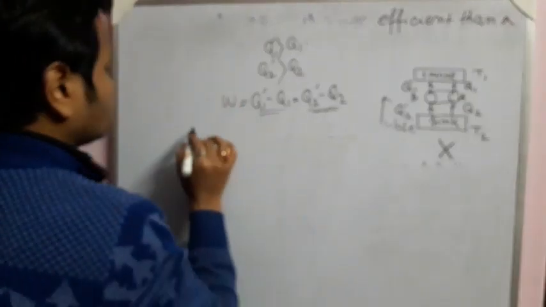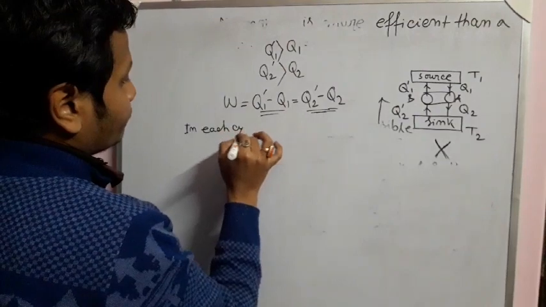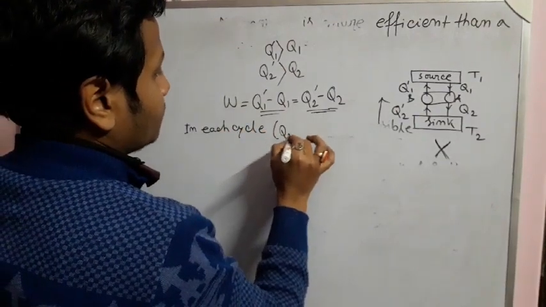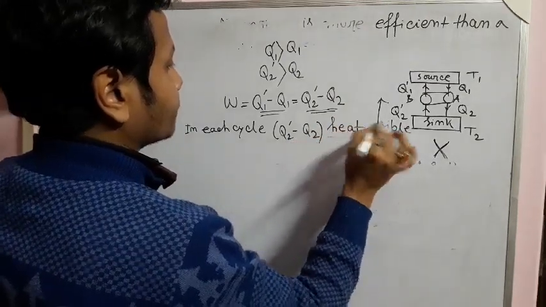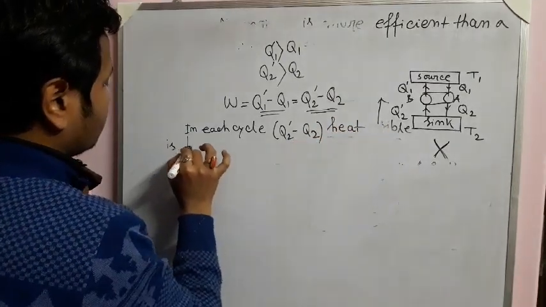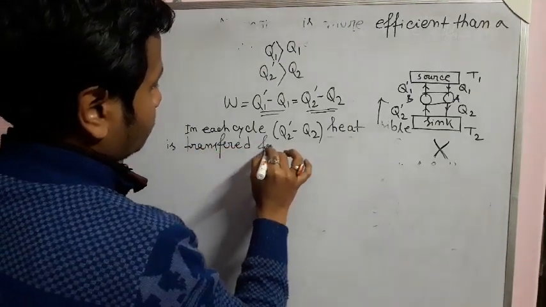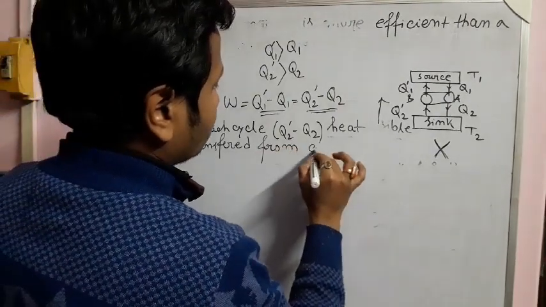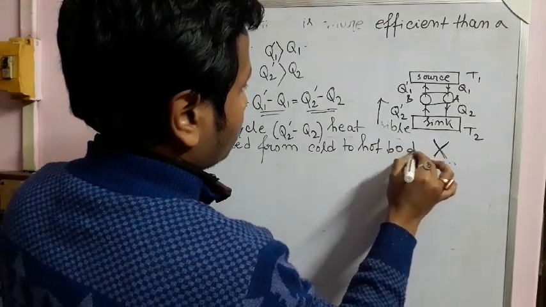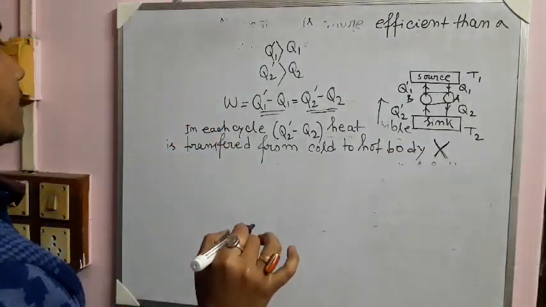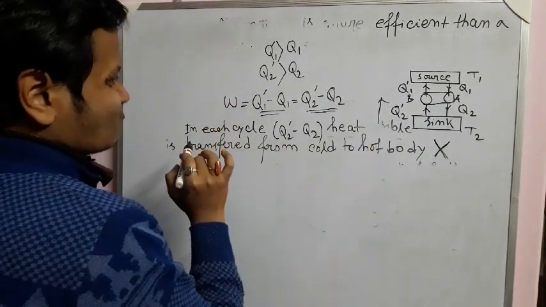So in each cycle Q2 dash minus Q2 heat is transferred from cold to hot body.